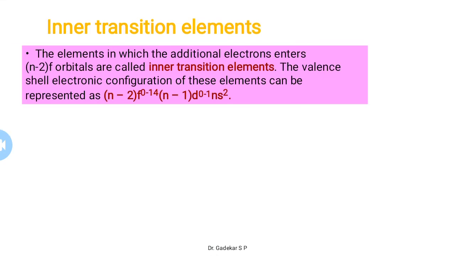The elements in which the additional electrons enter the (n-2)f orbitals are called inner transition elements. The valence shell electronic configuration is (n-2)f0 to 14, (n-1)d0 to 1, and ns2.